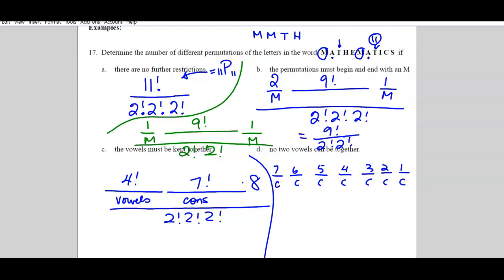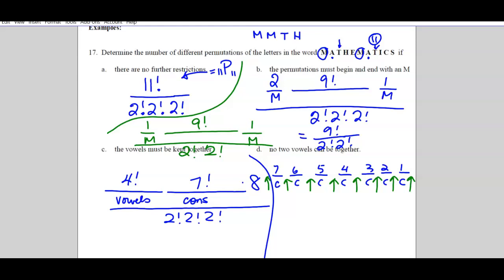So those are the consonants, and then the vowels cannot be together. So we could have a vowel there. So think about, they have to go in between a consonant, or before or after. So I'll use arrows to just show in between there. Okay. Now there's only 4. Okay, so there's not more than the number of spaces.